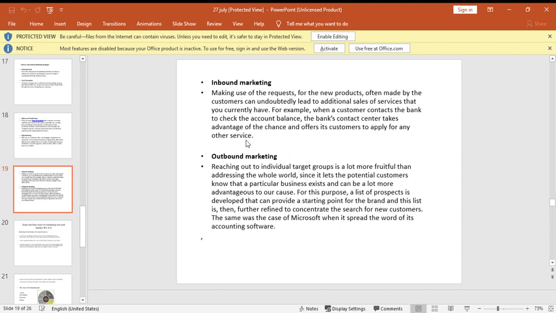Then inbound marketing uses the requests for new products, too often made by the customers, which can undoubtedly lead to individual sales of services that you currently offer.